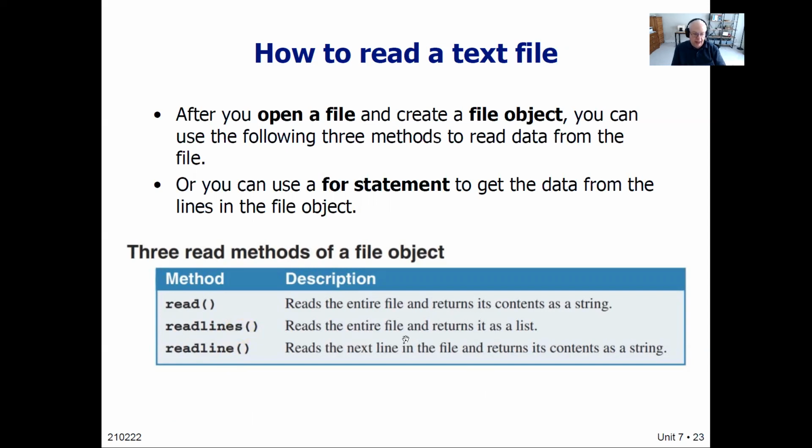So readlines reads the entire file into memory, but it returns it as a list, which is important. That makes it maybe a little bit easier for us to process if it's a list. And then the third one, which is very common, is readline. It reads the next line in the file and returns its contents as a string. So that allows you to process each line one line at a time.